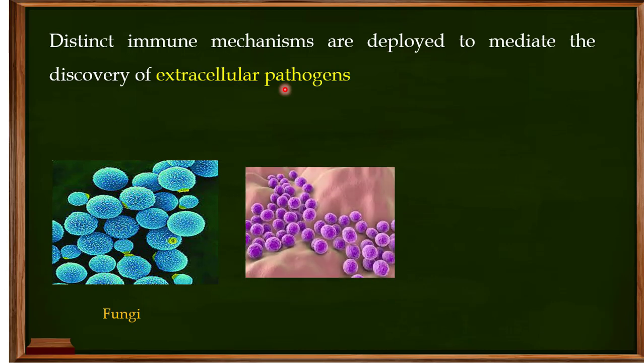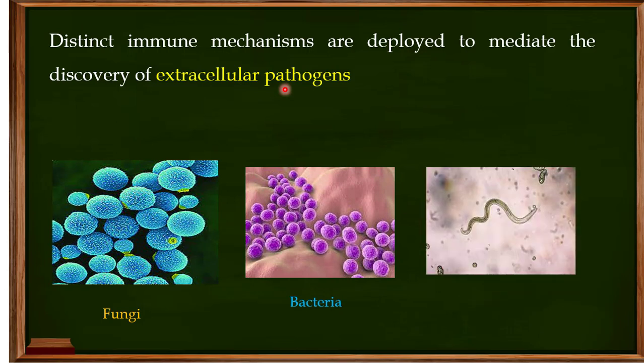Another would be bacteria, different kinds of pathogenic bacteria. And then we have these large parasites. These organisms usually do not reside inside the host cells. They are usually present outside the cells. Therefore, we call them extracellular pathogens.